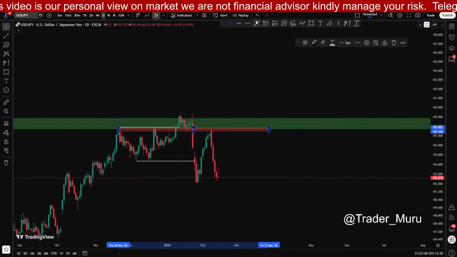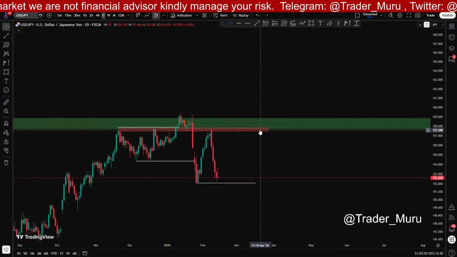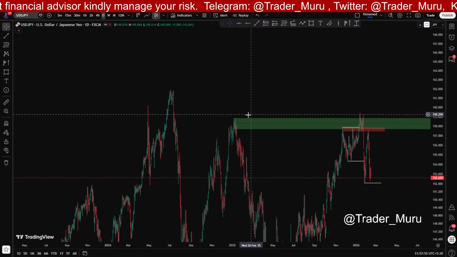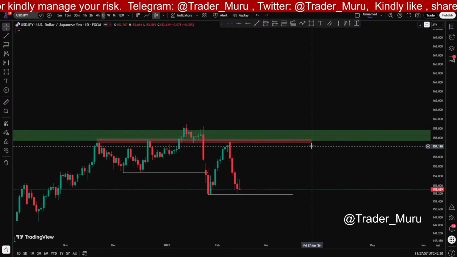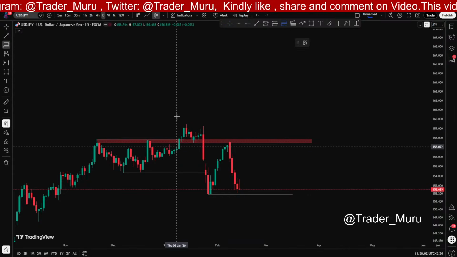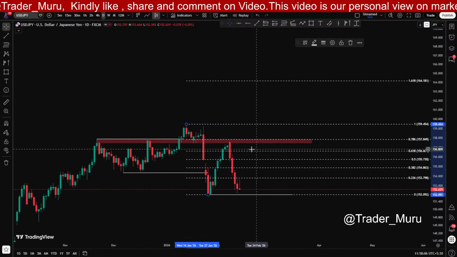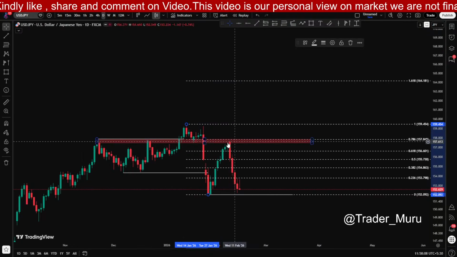Price has tested it and is dropping. First target is this low, rejecting from the high. This is a strong QML zone. See this 618 to 786%. This is what I'm expecting in gold right now.